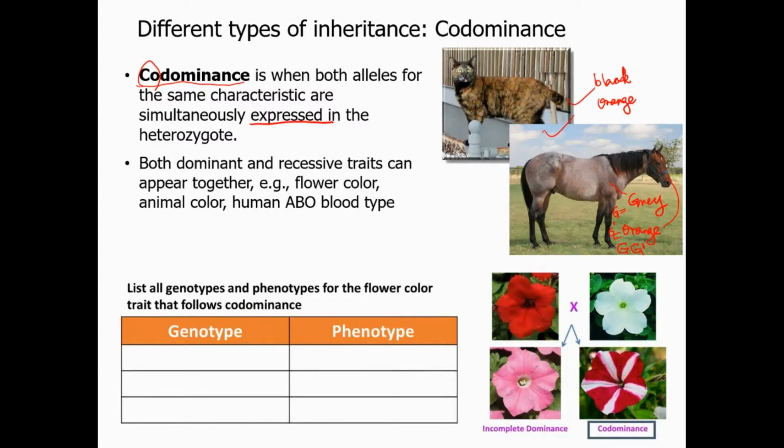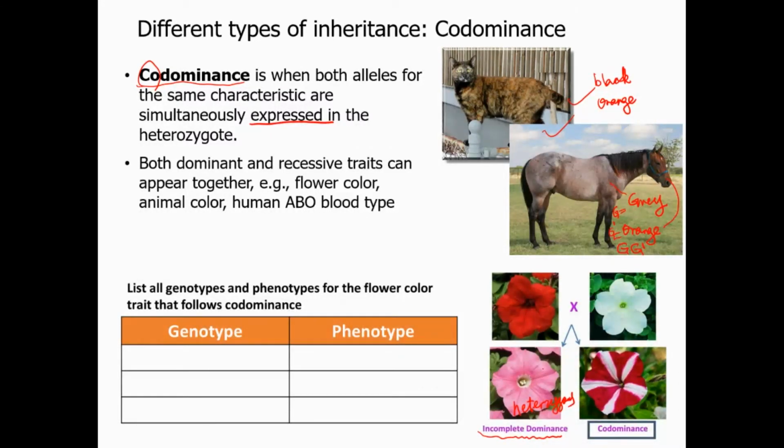So that's the animals, and this also happens to flowers. I have a picture here just to compare between incomplete dominance and codominance. I want to help you figure out the difference. So remember, incomplete dominance, if you have a heterozygous genotype, then you are going to have an intermediate trait, right?